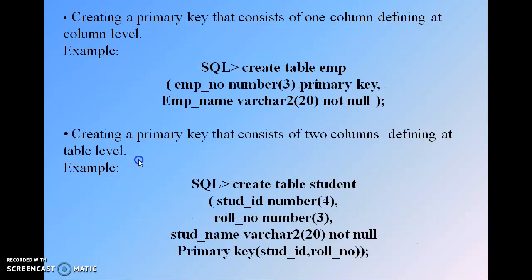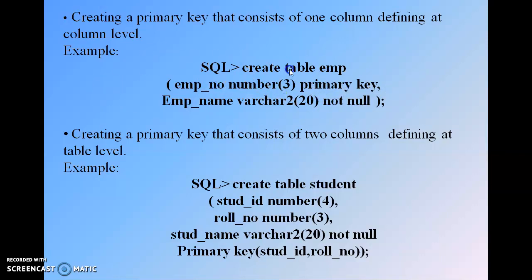While creating a primary key, we can set the primary key at column level as well as table level. For example, creating a primary key that consists of one column, defining at column level. Here in this example, we are defining a single column in a table EMP with primary key constraint, and this declaration is at the column level.